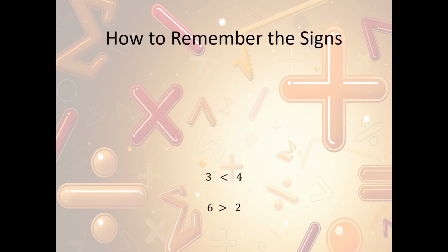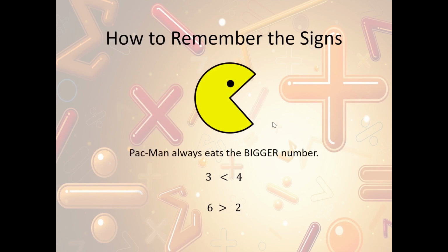Now how can we remember the signs? The easiest way I remember the signs is Pac-Man. So we have Pac-Man here, and Pac-Man's rule is Pac-Man always eats the bigger number. So if you notice, Pac-Man's mouth forms that arrow shape that we just talked about. So it forms the symbol. So if Pac-Man is always eating the bigger number, then we can recognize the way that we can state the symbols.